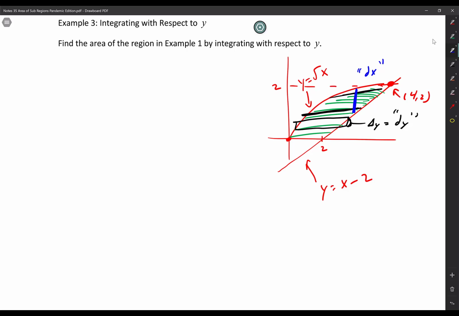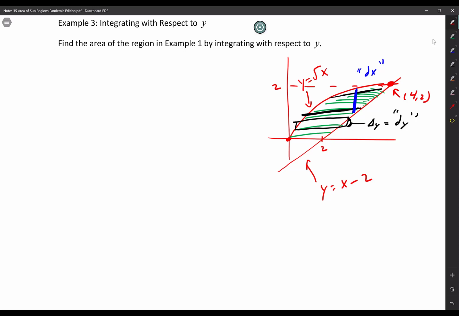Now I have rectangles like that. You know what I mean? Okay. We want everything in terms of y, because we're doing width times height, but the dy's, everything's in terms of y. So we need everything in terms of the variable y.